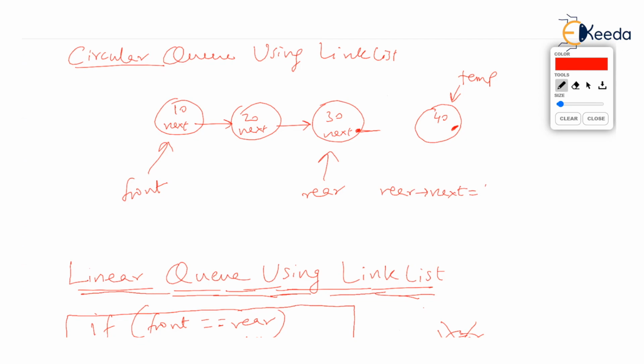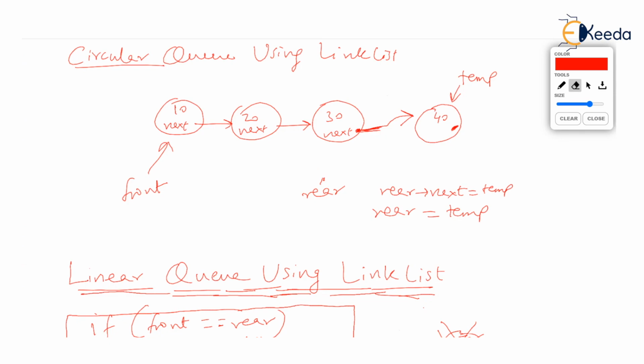This is where rear is pointing, and this next should point where temp is pointing. Now one more change: we will say rear equals temp. That means rear won't point to 30 anymore, but will now point to the latest node, temp, that we have added.